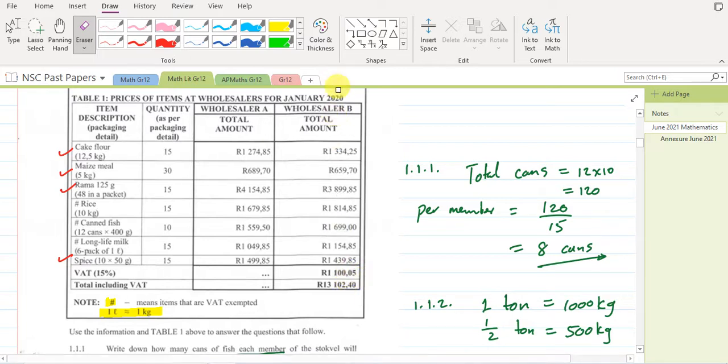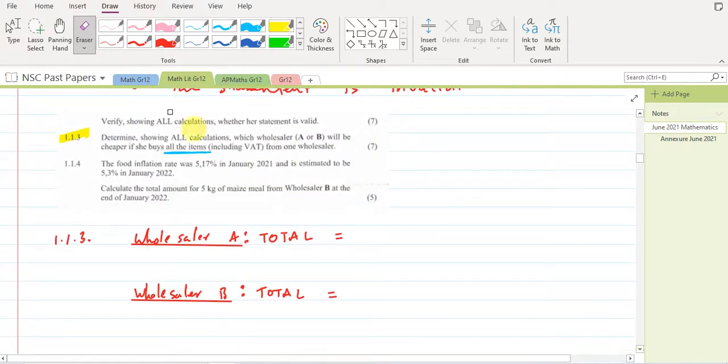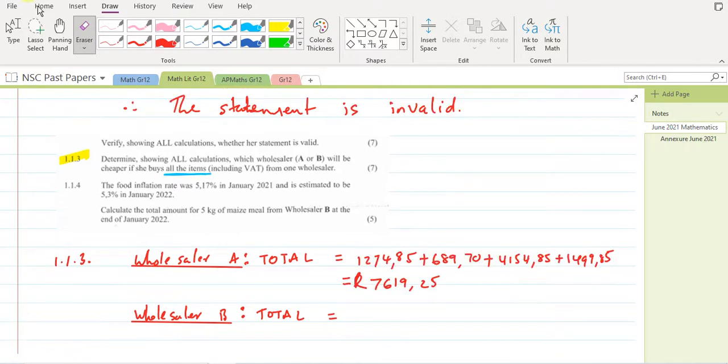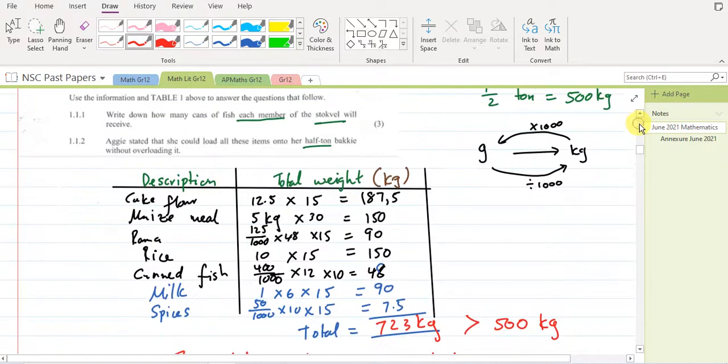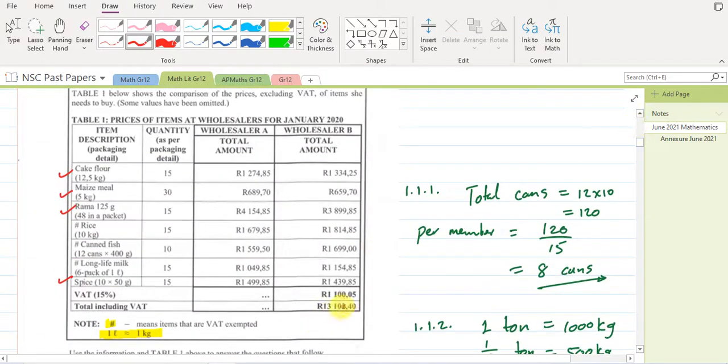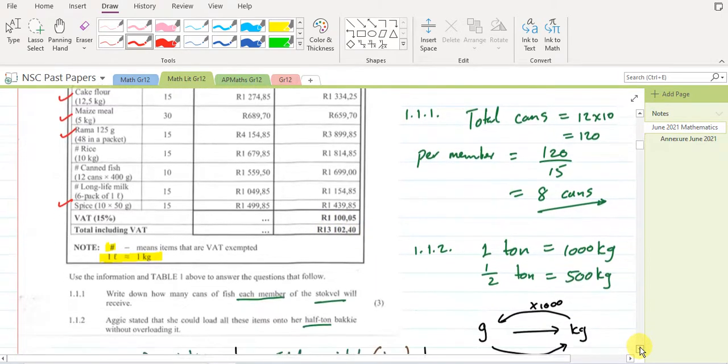1100.05. So we can see wholesaler B's total is 13,102.4. So VAT of 15. Oh, okay, we're doing the right thing. It's just that, let's get it back. So we already know wholesaler B's total including VAT is 13,102.40.